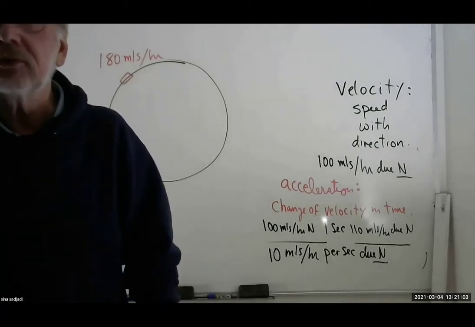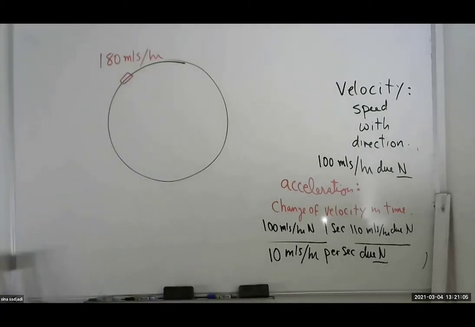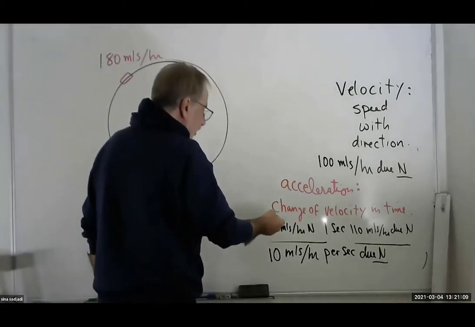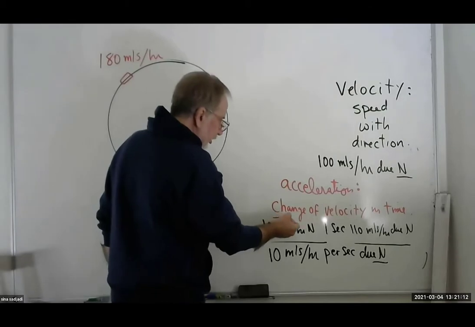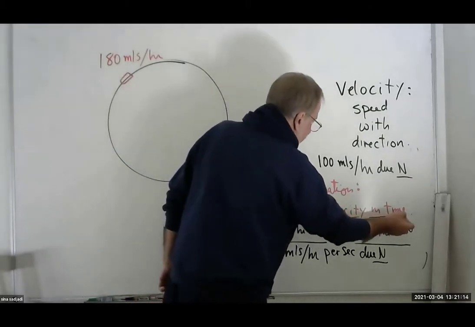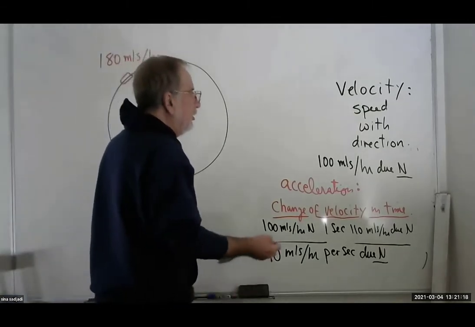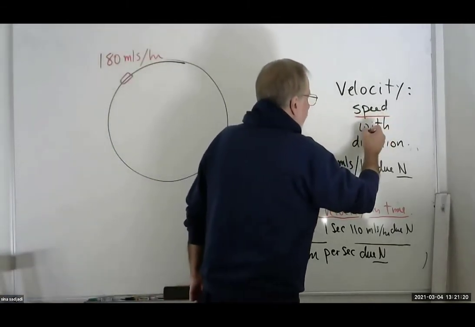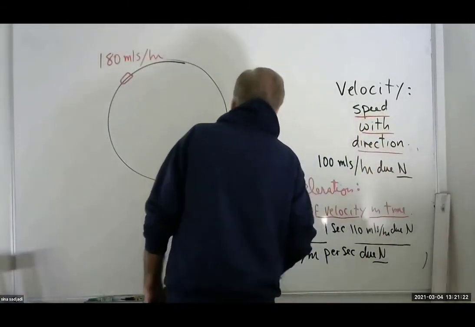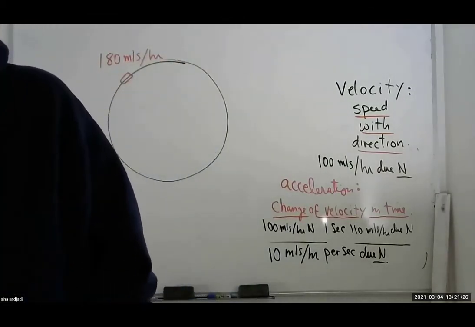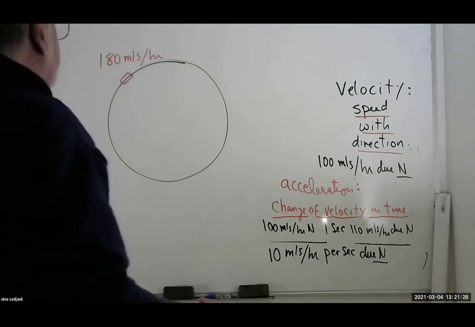No, right? It turns out that it is accelerating. Why is it accelerating? Because acceleration is a change of velocity in time, right? So what is velocity? Speed with direction. Now I'm changing my direction constantly, so I'm constantly accelerating. This is a constant acceleration.